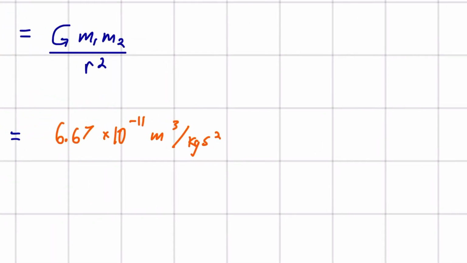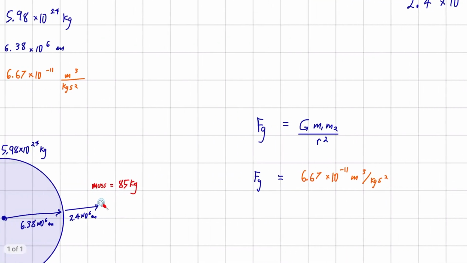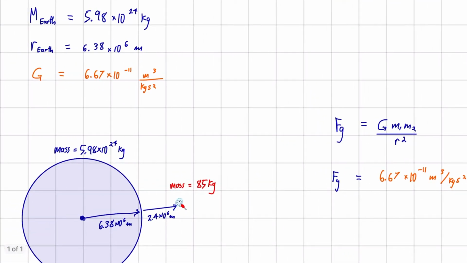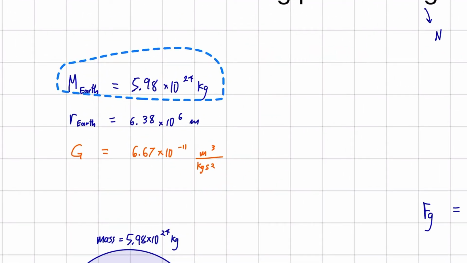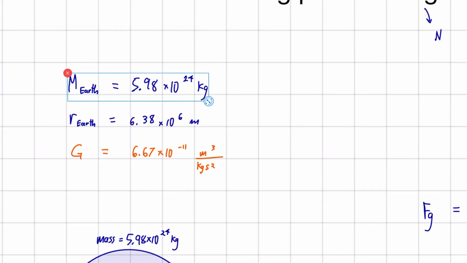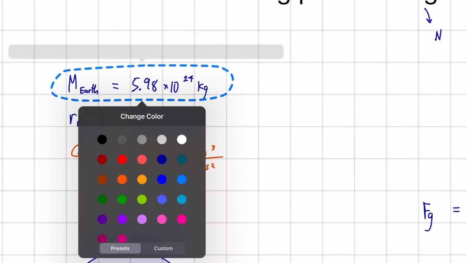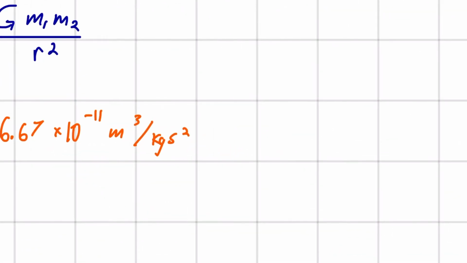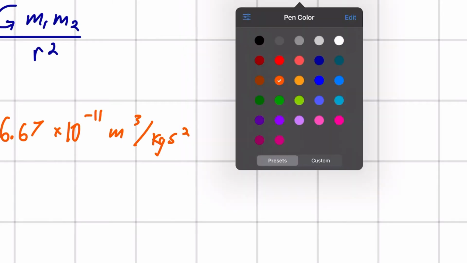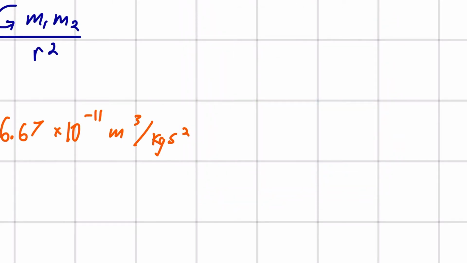Next, we have our M1 and our M2. What are these masses? We have two masses here. One is the mass of Earth, and the other is the mass of our person. Let's plug these in as well. For the mass of Earth, I want to make this a lighter blue. I'm just trying to keep this organized so we can all follow along.